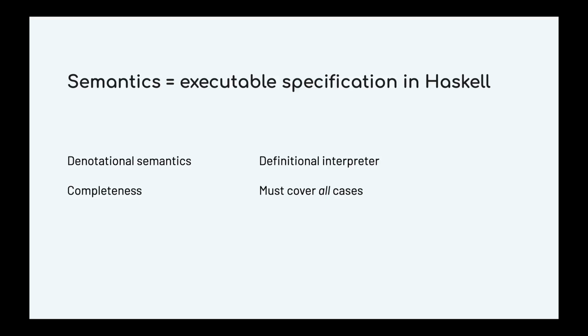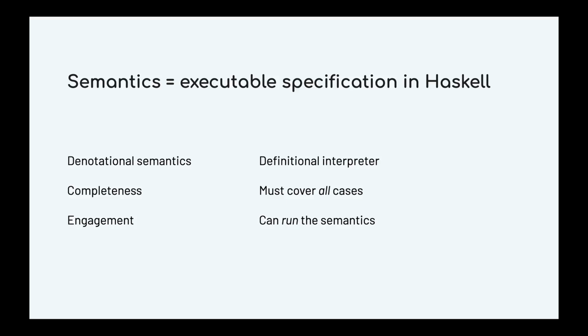Now, one really nice thing about writing it in this sort of way is that we can be sure we cover all cases, because it will be obvious if we're missing some cases. Writing it as something that's an interpreter ensures that we will hit all cases we need to in describing the semantics.